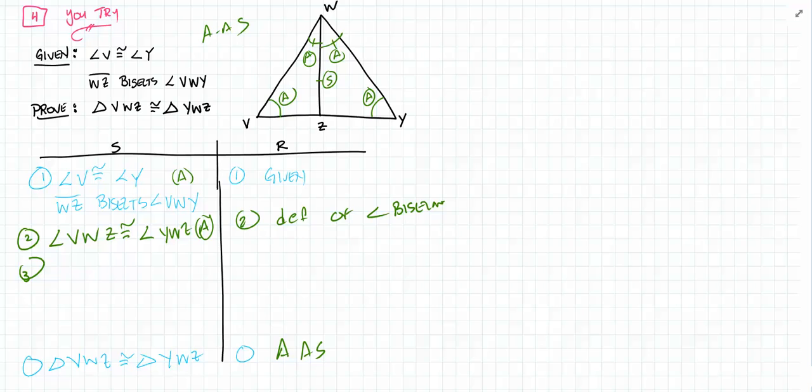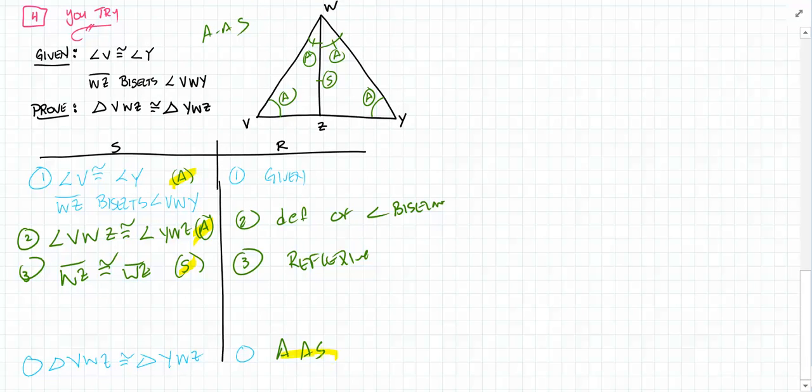So what's the side going to be? It's going to be WZ congruent to WZ. Or, Elijah, if you prefer, ZW congruent to ZW. Okay. And that is why? Reflexive. So now, ladies and gentlemen, you have an angle, an angle, and a side. You have enough to say your statement down below. Therefore, the proof is done.